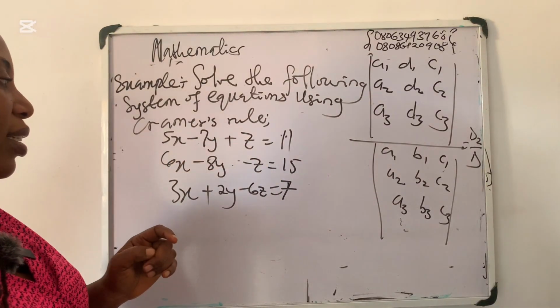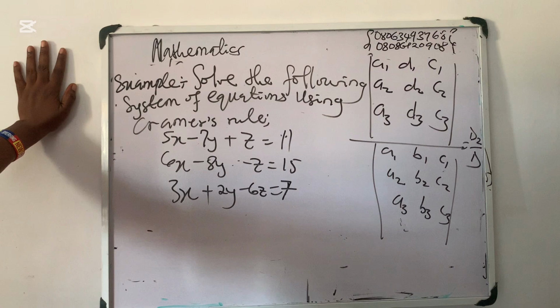Our D2 is 15. Then our A3 is 3, B3 is 2, C3 is minus 6, and D3 is 7.